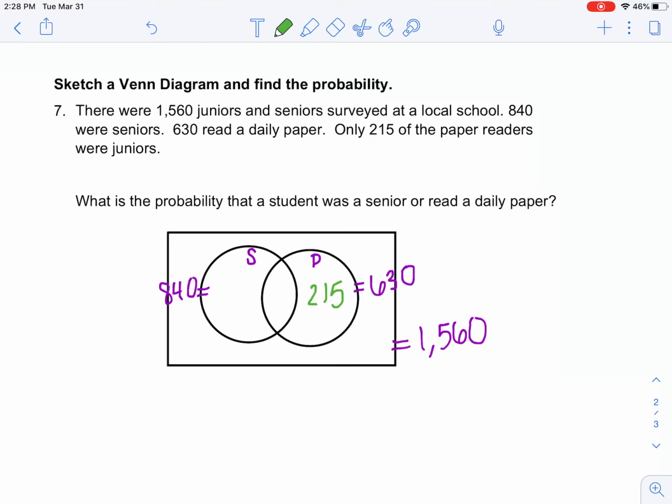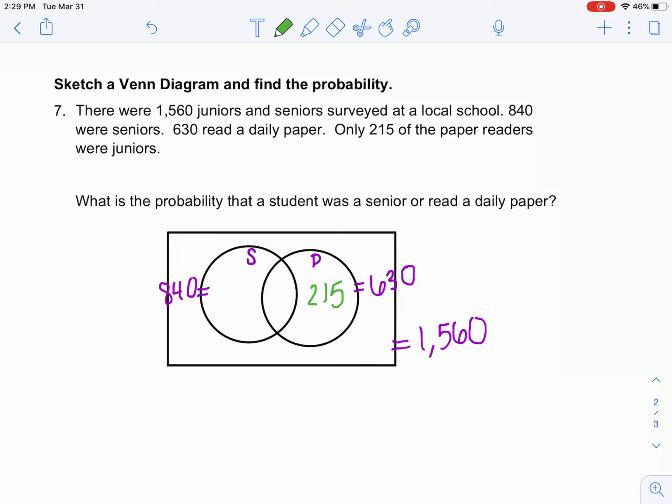Okay, so now we don't have everything filled out quite yet, but we can use the numbers that we are given to help us solve for the rest of the Venn diagram. Let's start by looking at our P circle. We know that the whole circle will add up to 630, and we know that part of it is 215.